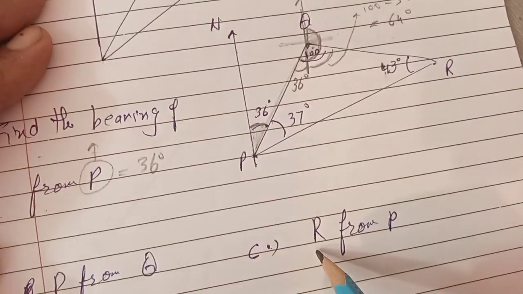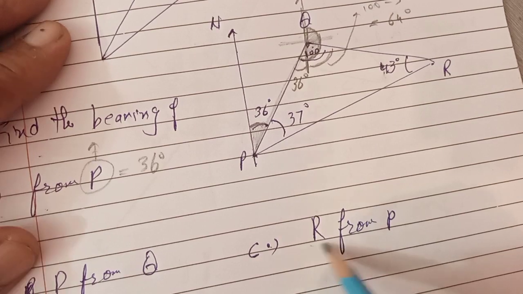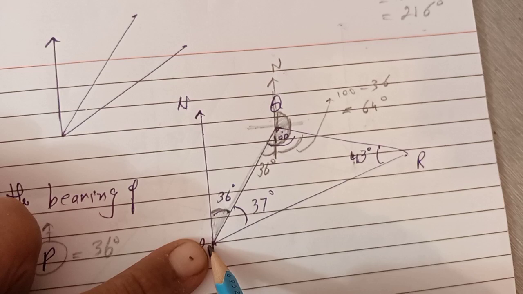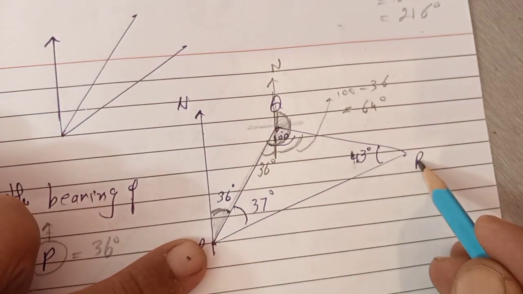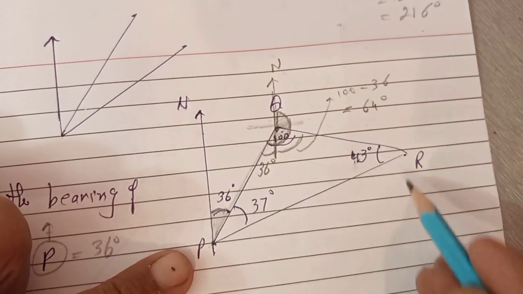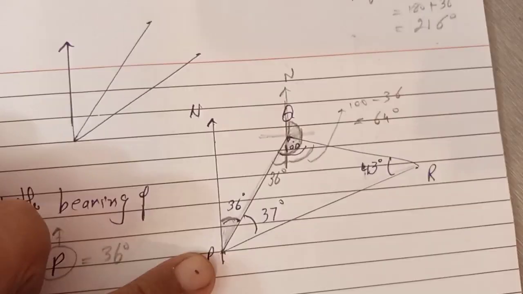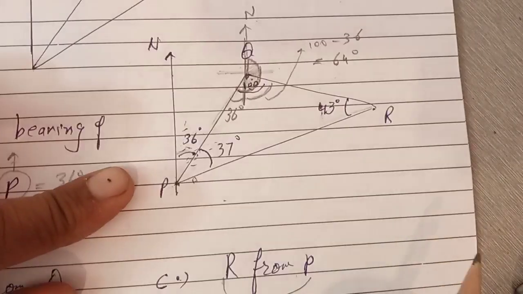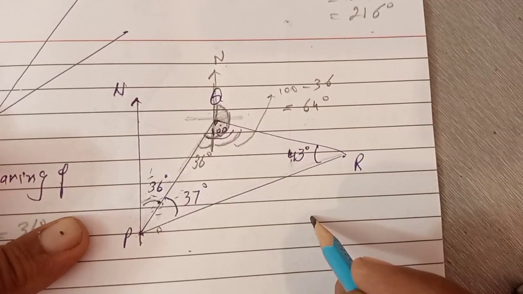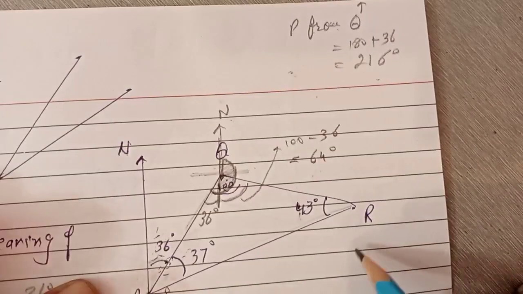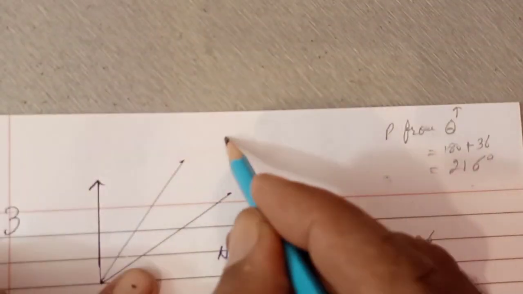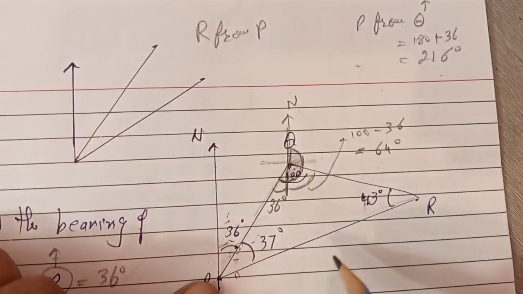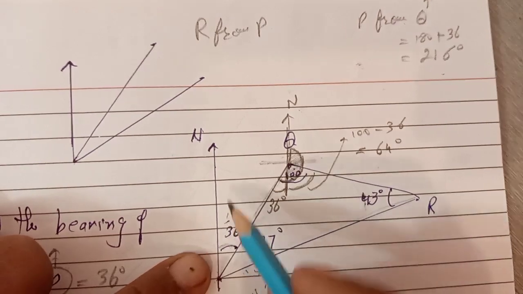Now the next part is what? Bearing of R from P. So where is P? This is P. Where is R? This is R. So line PR. This is PR. So what is the bearing of R from P?